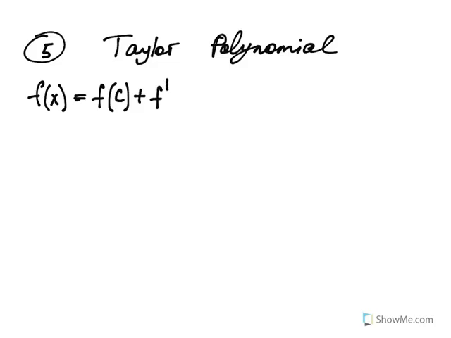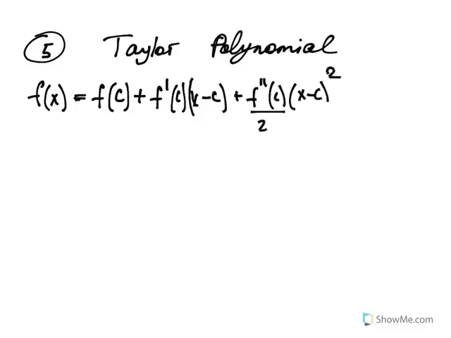And then the formula is the same. f prime of c, oops, sorry. It's not just x, because it's centered at c, so it's x minus c. And then plus f double prime of c times x minus c squared over 2 factorial plus f triple prime of c over 3 factorial times x minus c cubed, and so on.